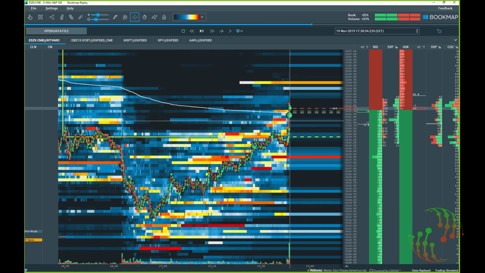A huge number was traded at 21 and a quarter here. A huge number was traded there. 1,310 contracts. This is this big dot here.